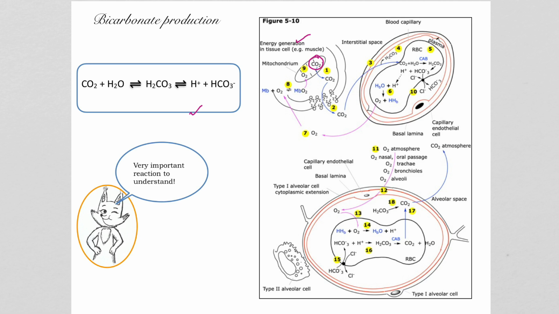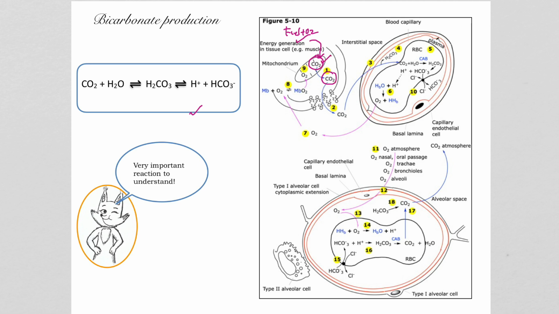We need to continuously generate energy because we do not store energy. So we need to generate it all the time. So fuel and oxygen is the best way to generate maximum amounts of energy. And one of the byproducts of this is that the carbon becomes carbon dioxide.